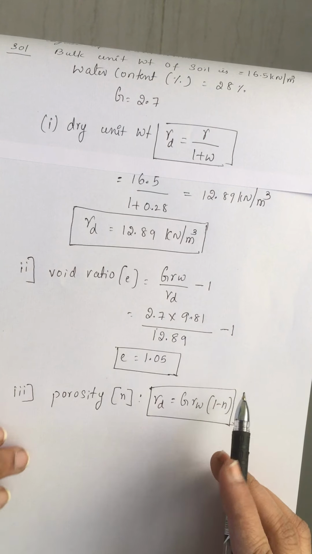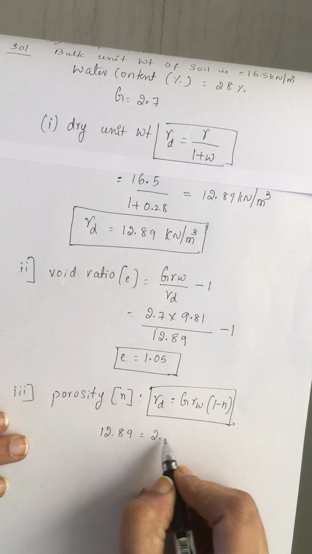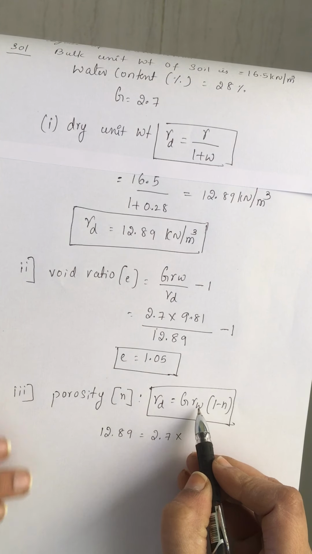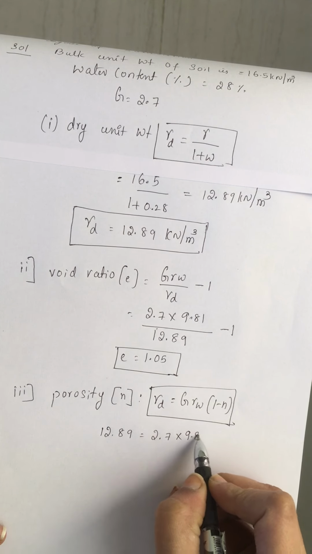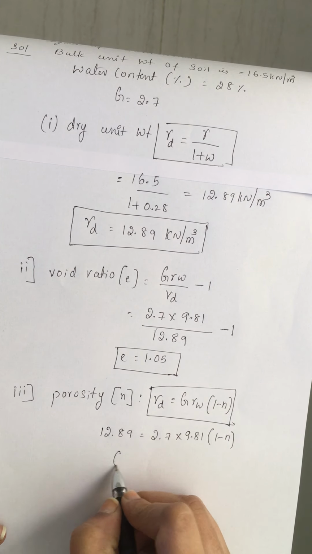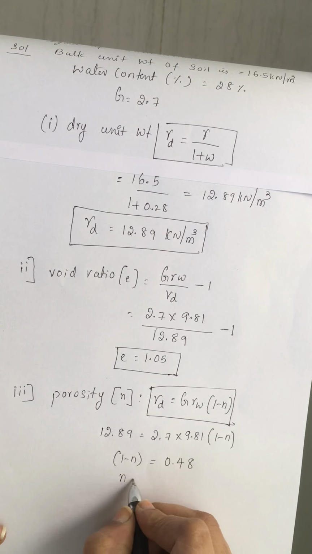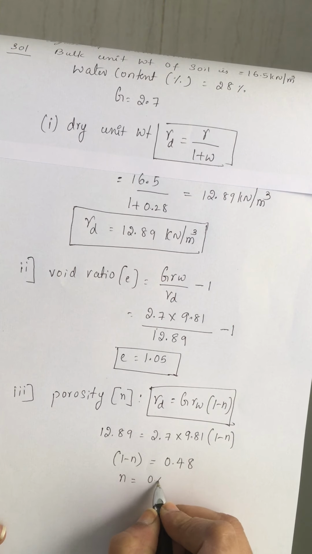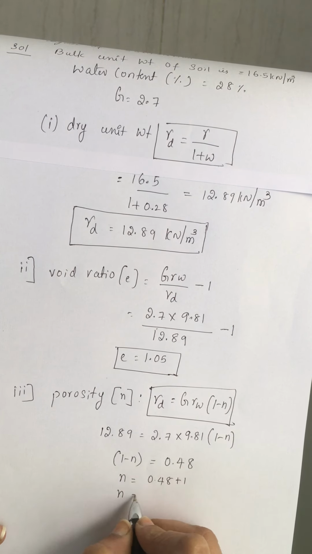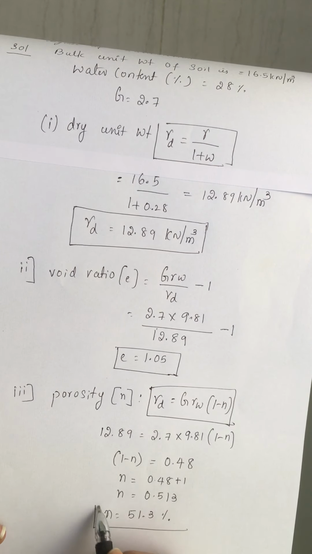So 12.89, the gamma D value, is equal to 2.7 into the unit weight of water, 9.81, times (1 minus N). In terms of N, 1 minus N is equal to 0.48, so N is equal to 0.513. And in terms of the percentage, you can write it as 51.3%.